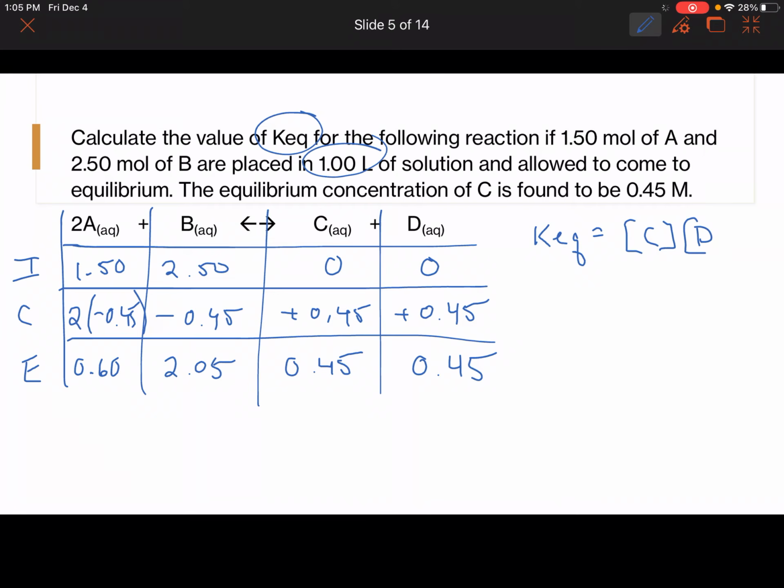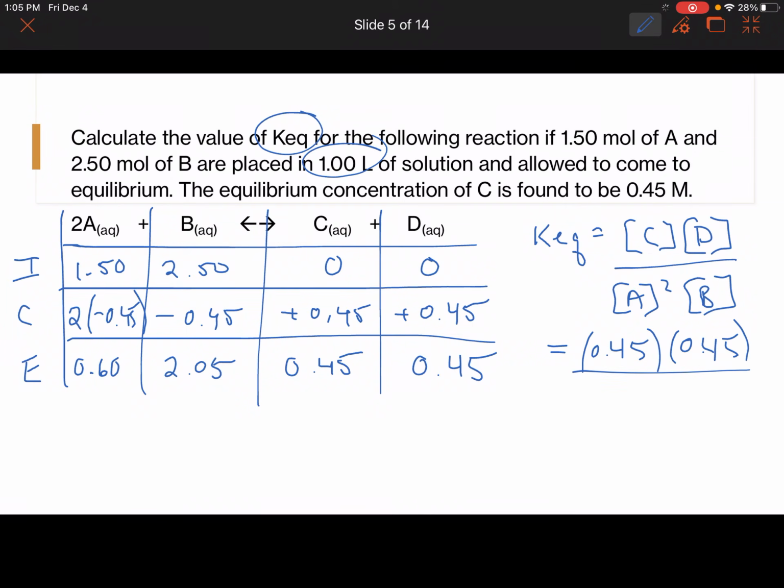So products over reactants, and then I've got A squared times B, and then I just sub in my values. So it's going to be 0.45 multiplied by 0.45 divided by 0.60 squared multiplied by 2.05, and you end up with an answer of 0.27. And remember, there are no units for KEQ, so just leave it like that, okay?